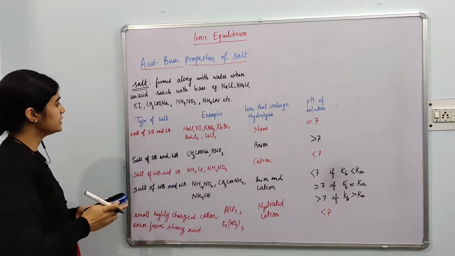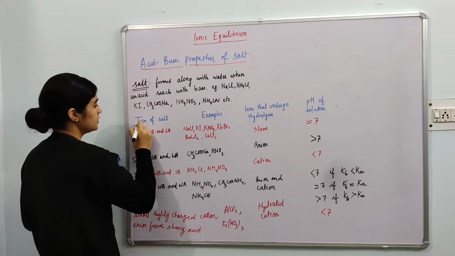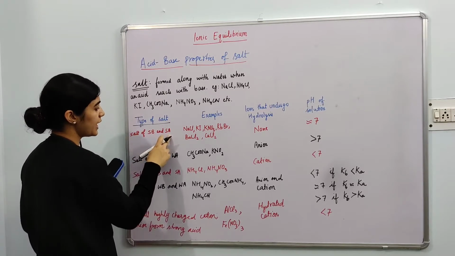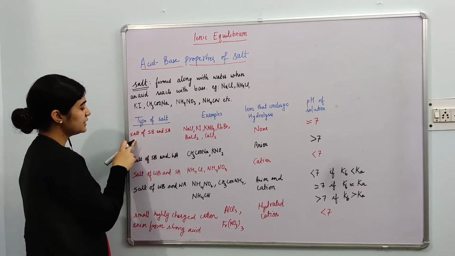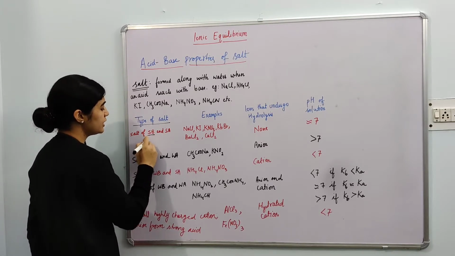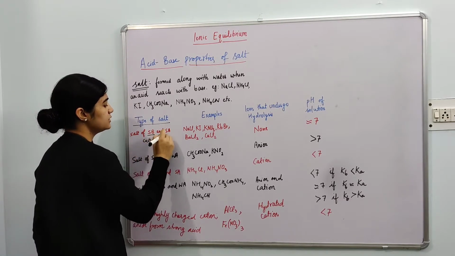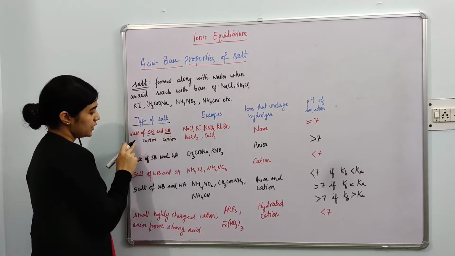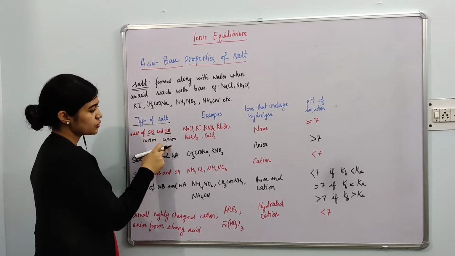Now let's see the various types of salts. The very first type is salt of strong base and strong acid. The reason I have written strong base first is because this is providing the cation and this is providing the anion.